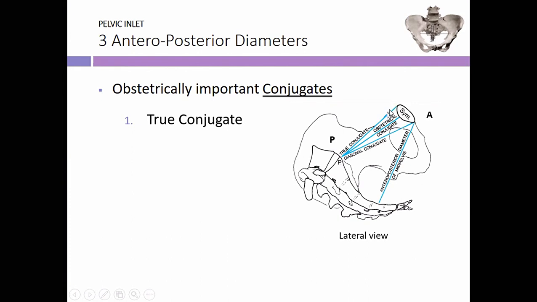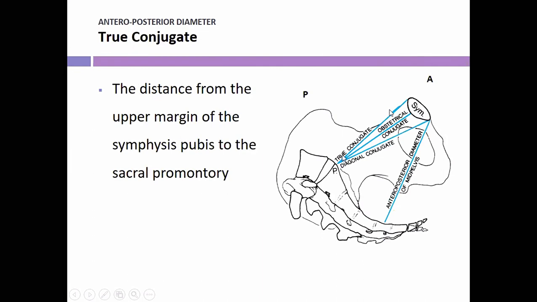We have here the true conjugate, then you have the obstetrical conjugate, and the diagonal conjugate. Now we go first to the first conjugate, the true conjugate. This is the distance between the upper margin of the symphysis pubis to the sacral promontory. This is the true conjugate of the AP diameter of the pelvic inlet.